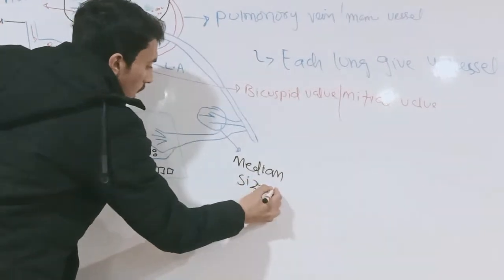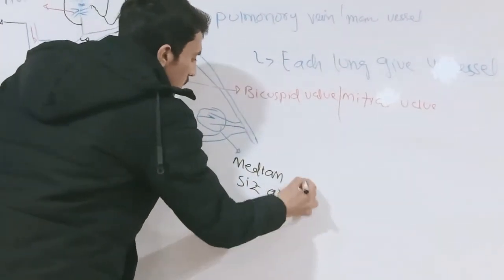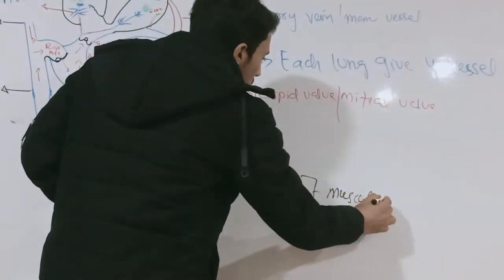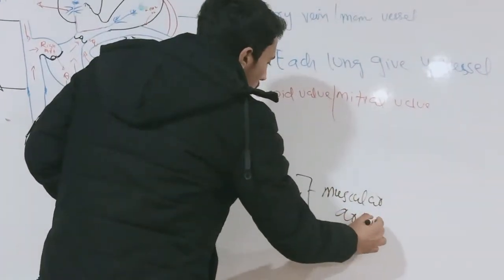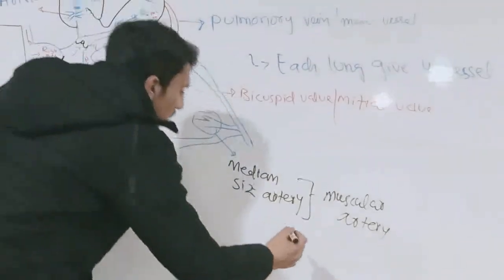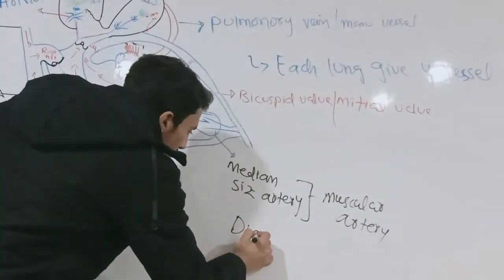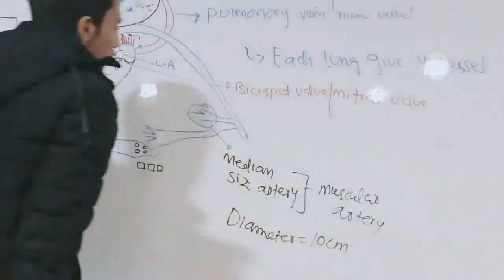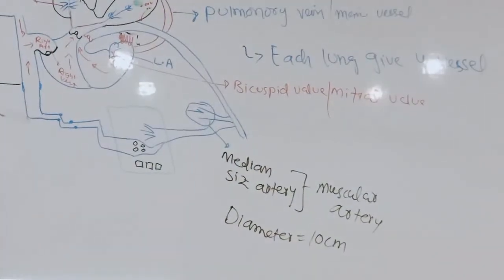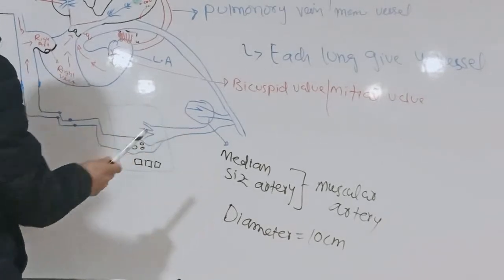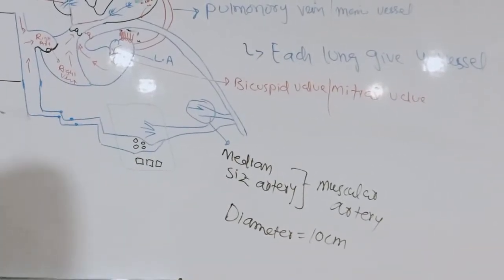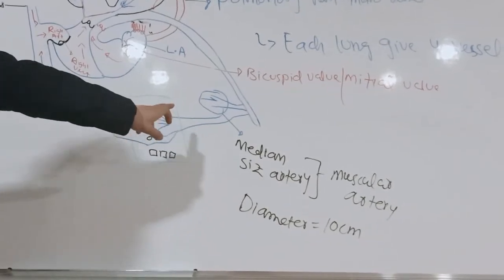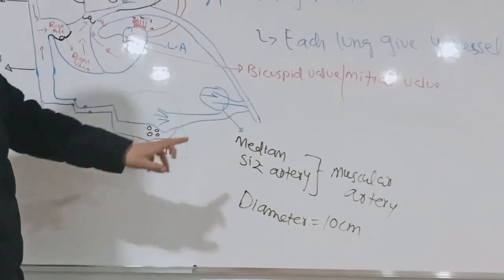This medium size artery is called the muscular artery. Its diameter is 10 centimeter. When the aorta is naturally narrowing, it gives a medium size artery, which is called the muscular artery.